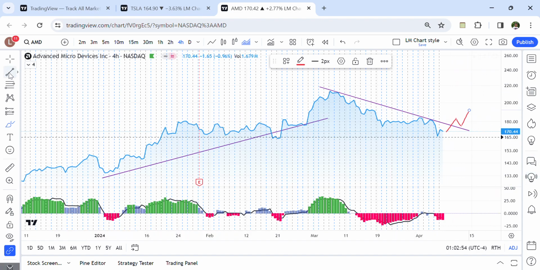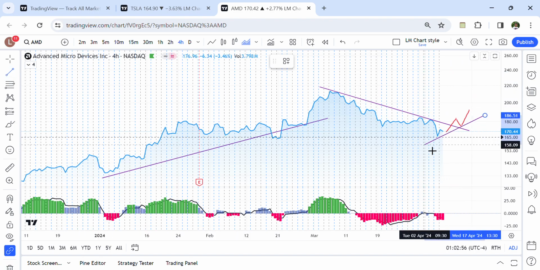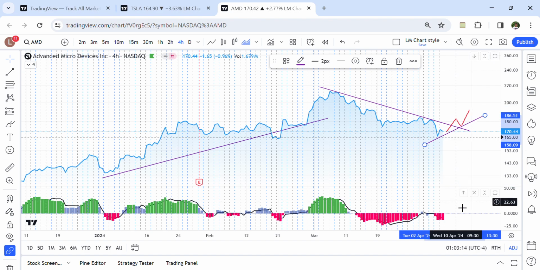Draw an uptrend line and enter your position here at 175 on the upside, and you can see that it will make 192 quite soon, and you can book much better gains. Okay, so charting analysis is definitely good for people who want to do relaxed trading.